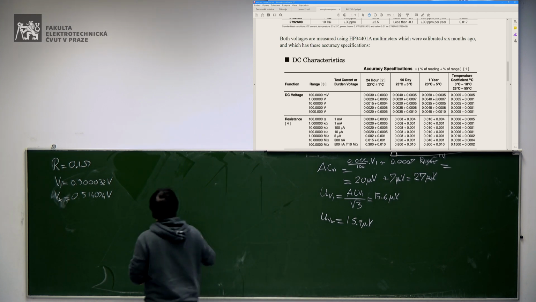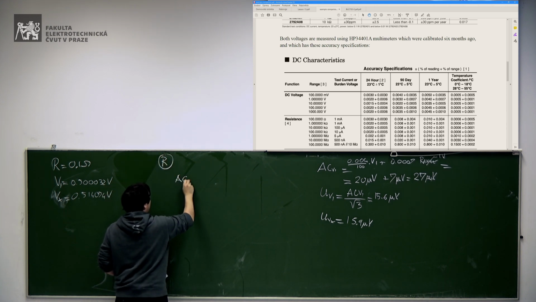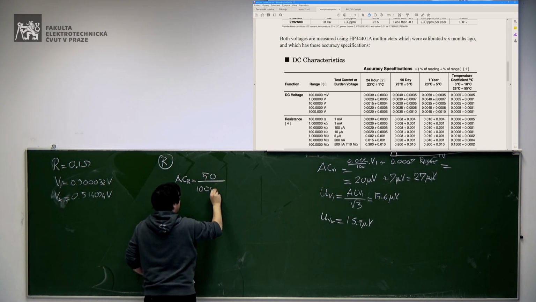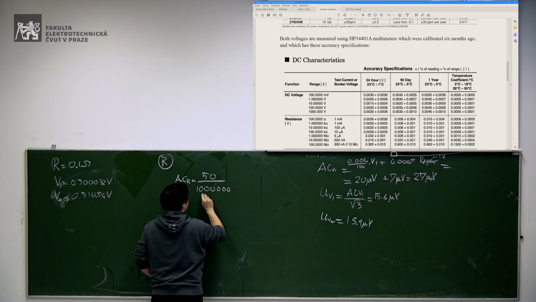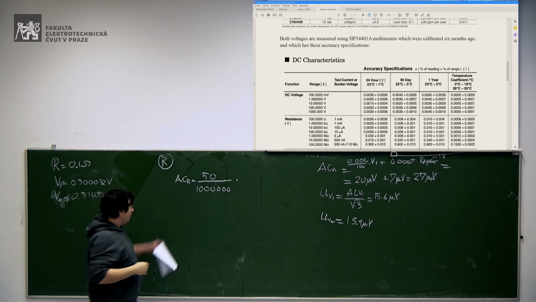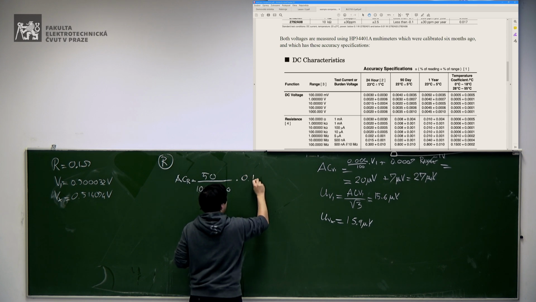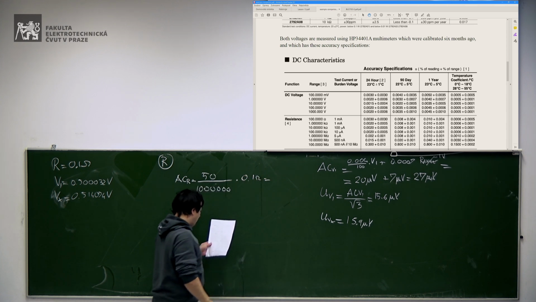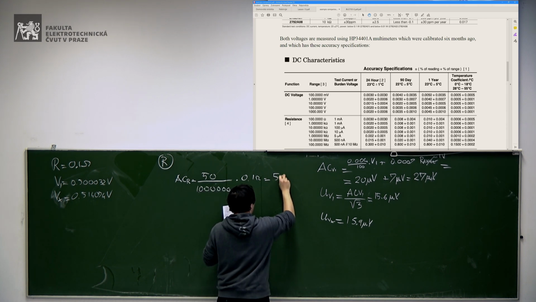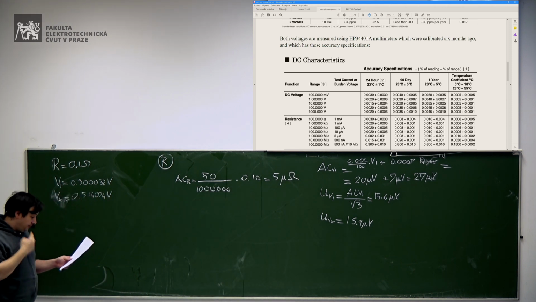What about the uncertainty of R? The accuracy of R, we said, is 50 parts per million times the resistance of the standard, which is 0.1 ohms, and therefore we get about 5 micro ohms, 5 times 10 to the minus 6 ohms.